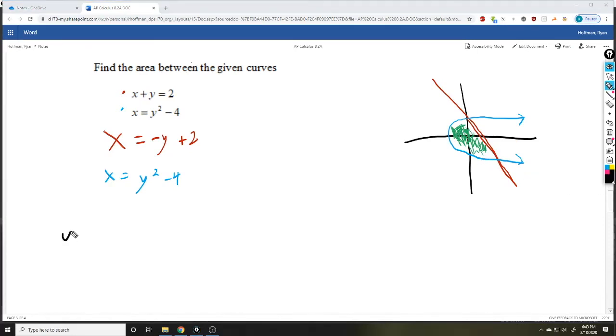So that means when we write our integral, it should be right curve minus the left curve, which will be the red curve minus the blue curve, dy, because we're integrating in terms of y.